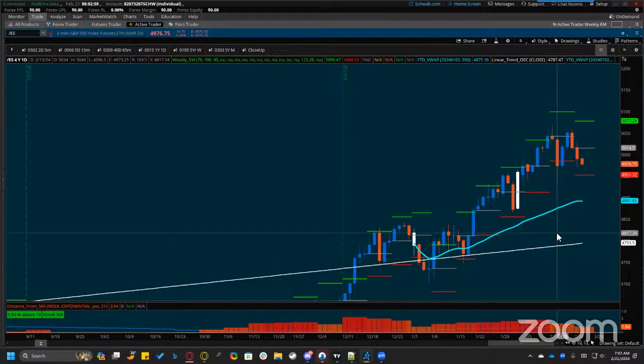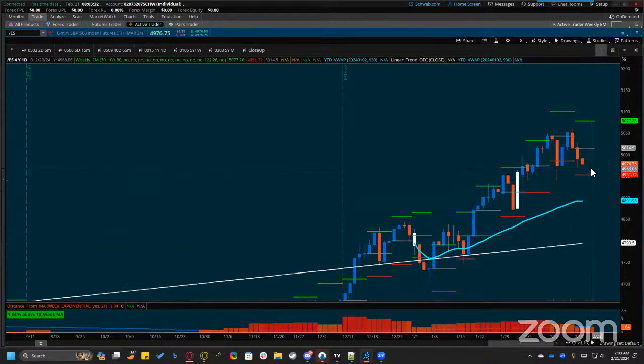But we've seen a broadening out of the entire marketplace, right? We don't want to lose that. Now, yesterday there was a growth value rotation, and that can get snuffed out this week, depending on what happens with NVIDIA. So we just got to kind of play it out.